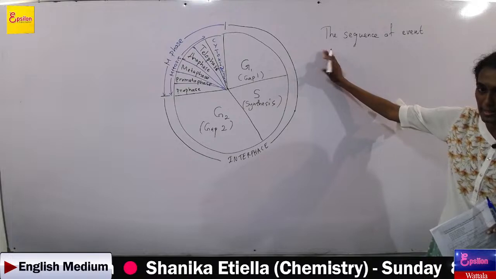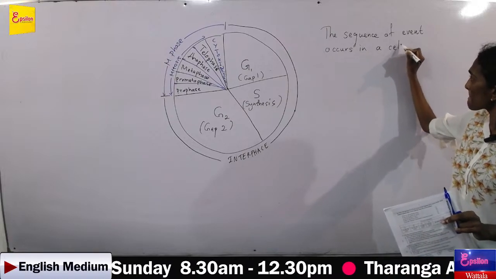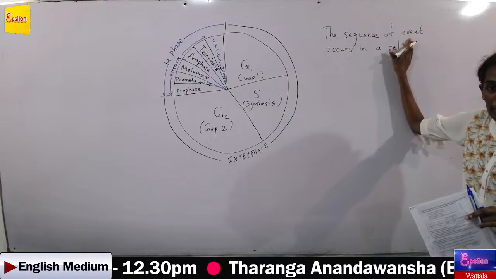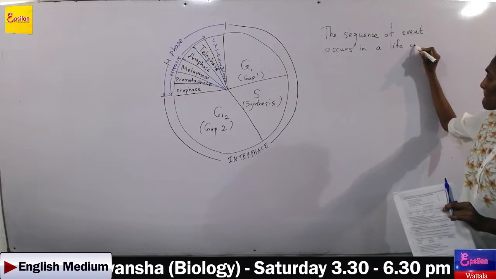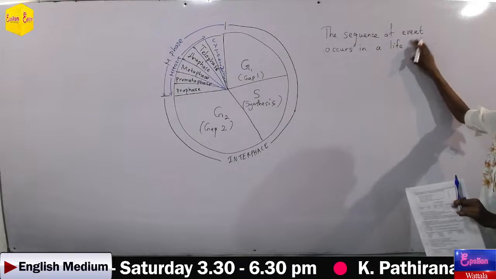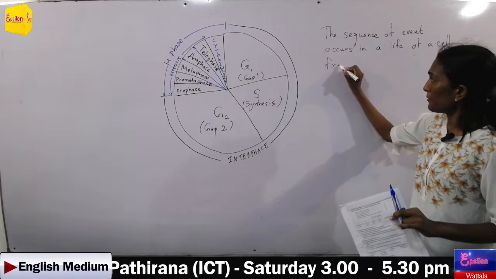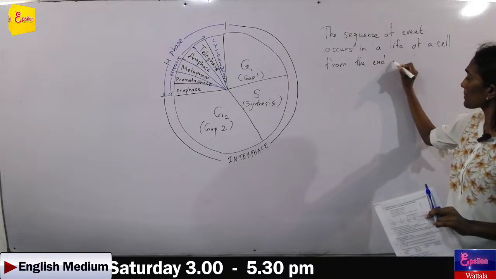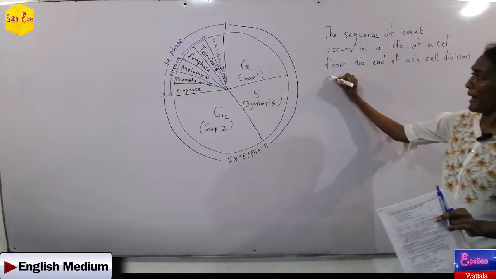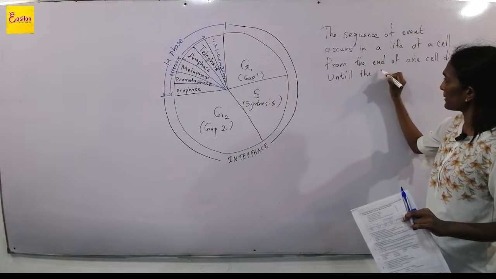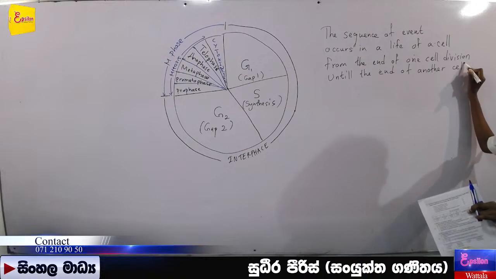The sequence of events that occurs in the life cycle of a cell, from the end of one cell division until the end of another cell division.